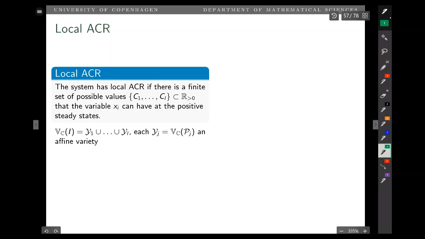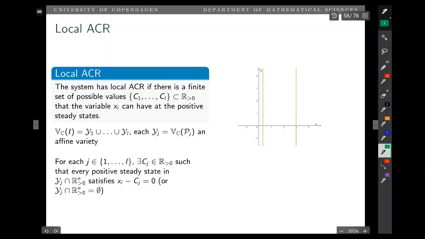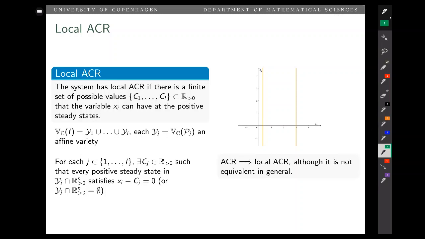I have some kind of discrete range of states for the species xi at steady state. Yeah, this is just what I said. So I have a constant for each variable. And of course, ACR implies local ACR. It needs local ACR, but yeah, if I have several components, the converse is not necessarily true.